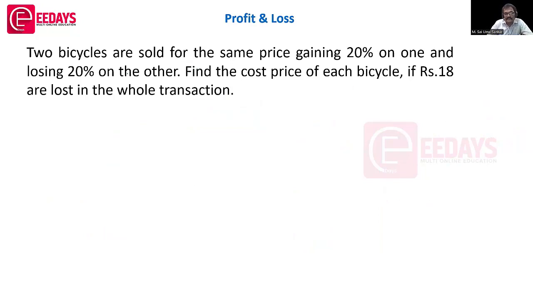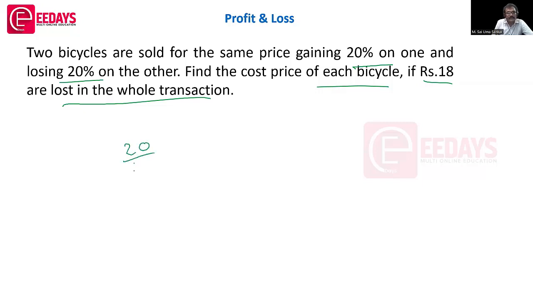2 bicycles are sold for the same price, gaining 20% on one and losing 20% on the other. Find the cost price of each bicycle if 18 rupees are lost in the whole transaction. What did I tell you? Selling price, 2 bicycles sold at the same price. When the selling price is the same and the profit and loss percentages are the same, overall there will be a loss. How much loss?